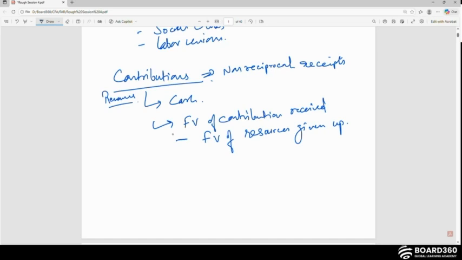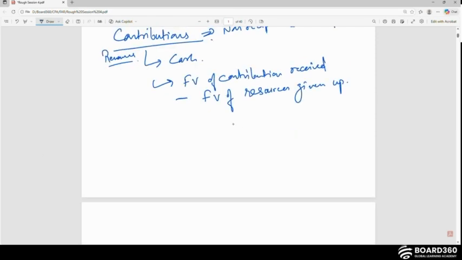Now this contribution revenue can be with donor restriction or without donor restriction.